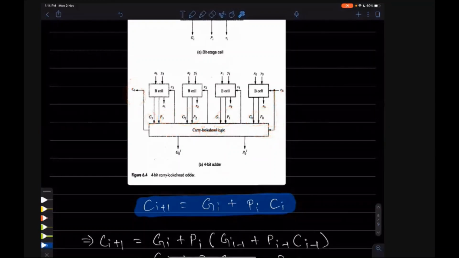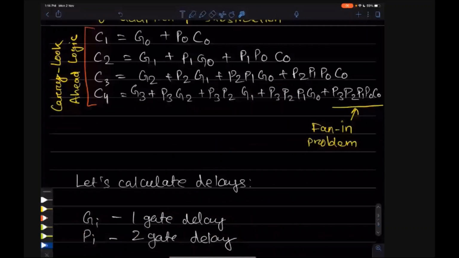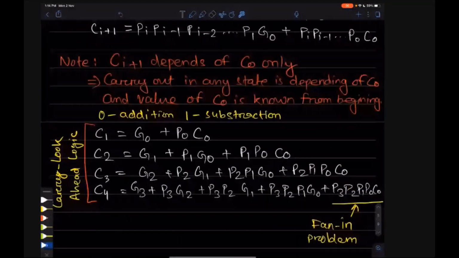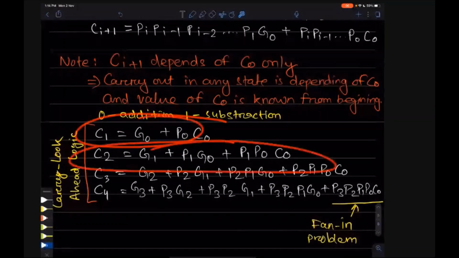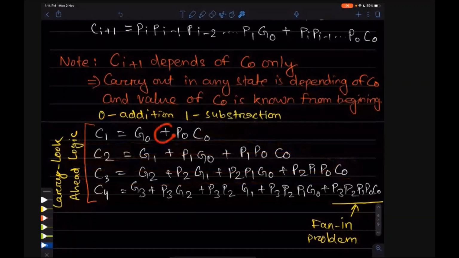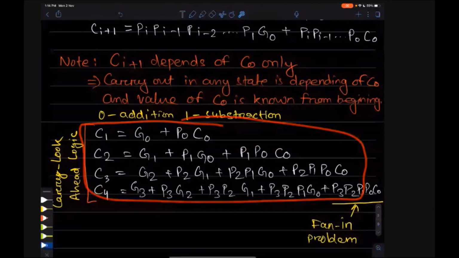That logic is already there, and the output will be given directly. All the logic is inside this carry look ahead logic. These equations are nothing but hardware: there is an OR hardware and an AND hardware here.